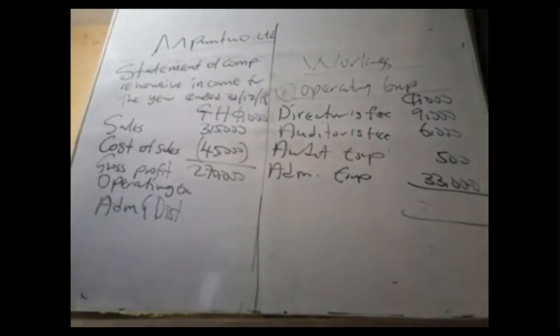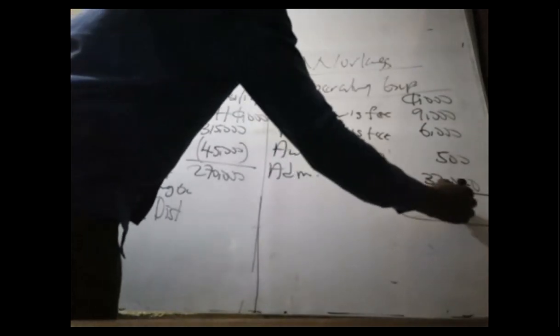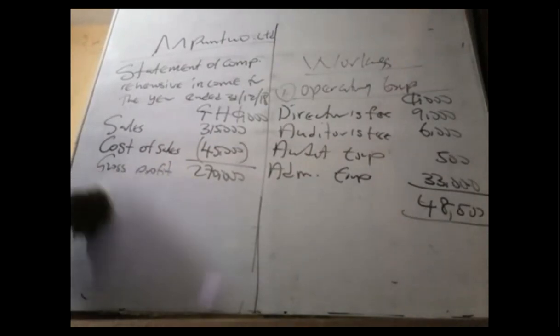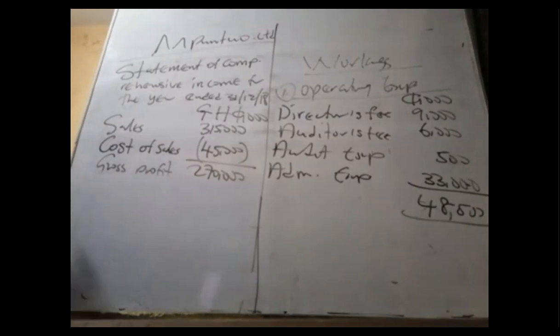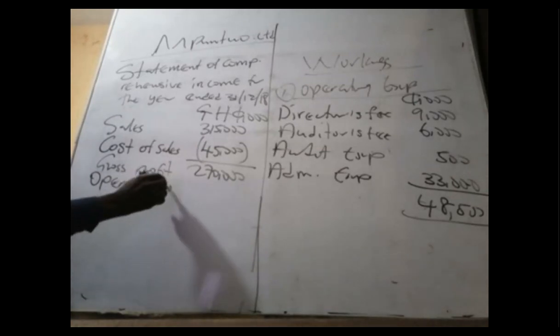So I'll sum them up in here. That's 48,500. Perfect one. So I'll come here and tell the examiner. I'll write it here like this: Operating expenses.